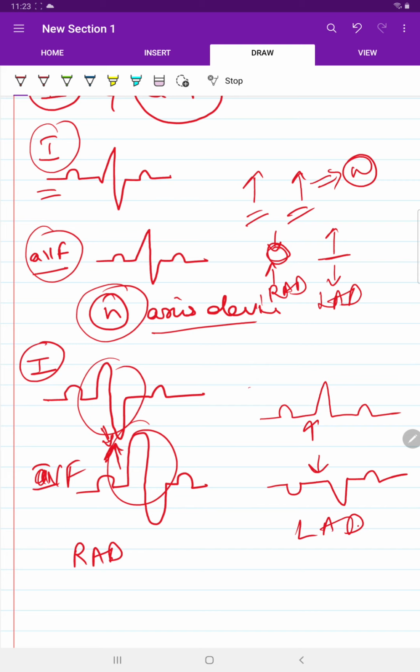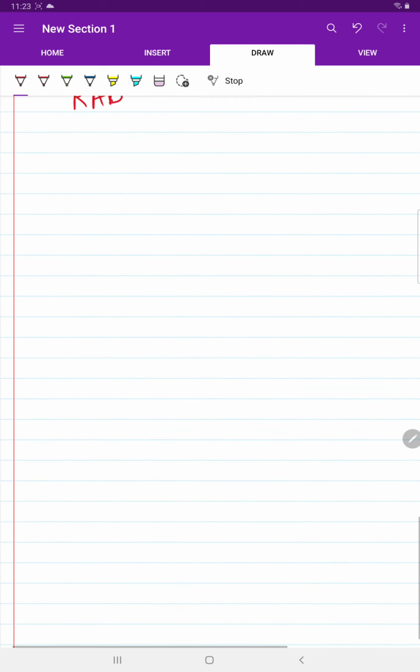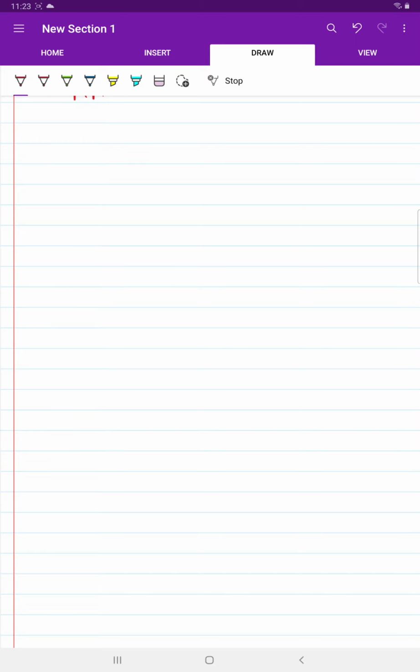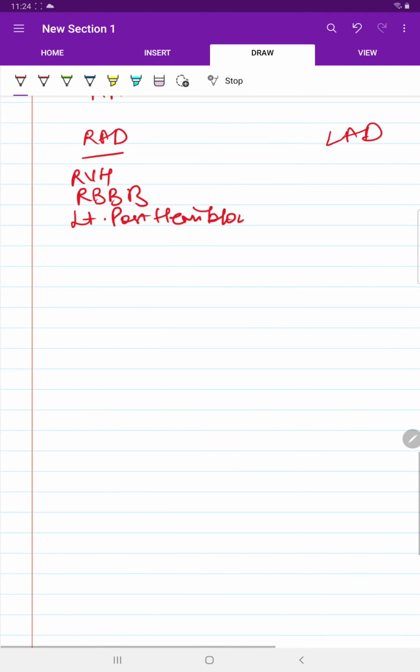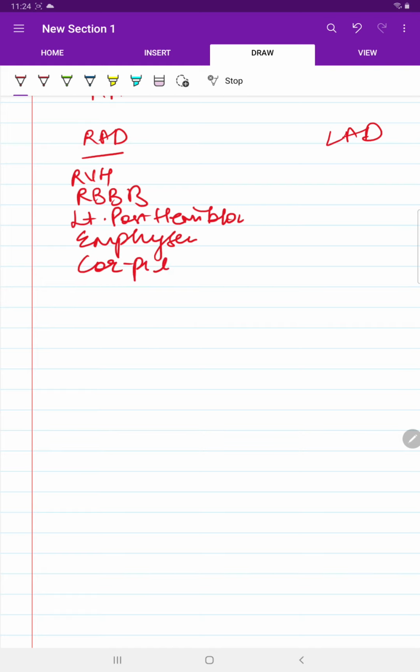Having discussed axis deviation, let's quickly go through the causes of right axis deviation and left axis deviation. Right axis deviation can be due to right ventricular hypertrophy, right bundle branch block, left posterior hemiblock, emphysema, cor pulmonale, or Fallot's tetralogy.